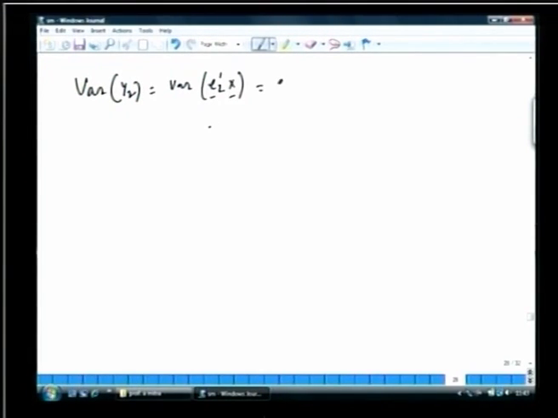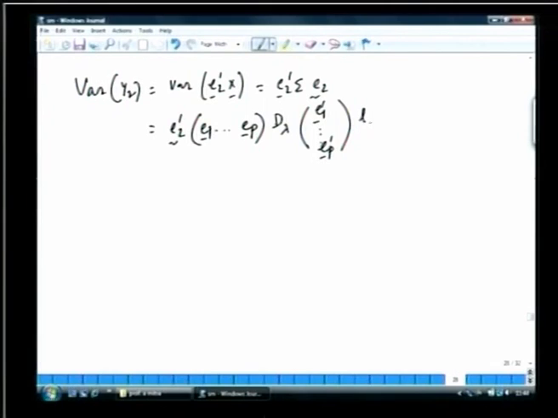This is nothing but E2 transpose sigma E2, and this is E2 transpose. You have the P matrix, we are using the same form P d lambda P prime, the spectral decomposition. So, we have E1 to EP, then d lambda, then we have E1 transpose to EP transpose times E2, sorry, it is not L but E2, right.